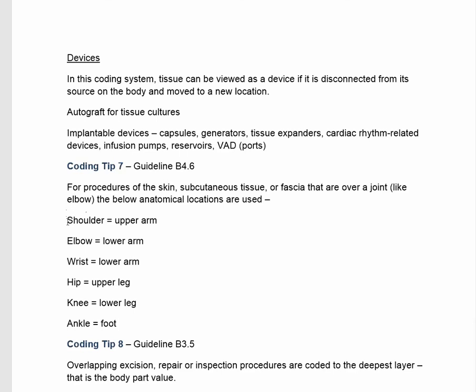So if a patient's having work done on the skin of their shoulder, that equates to the upper arm, for example. Subcutaneous tissue of their wrist, lower arm. If it's subcutaneous tissue of their hip, it's upper leg.